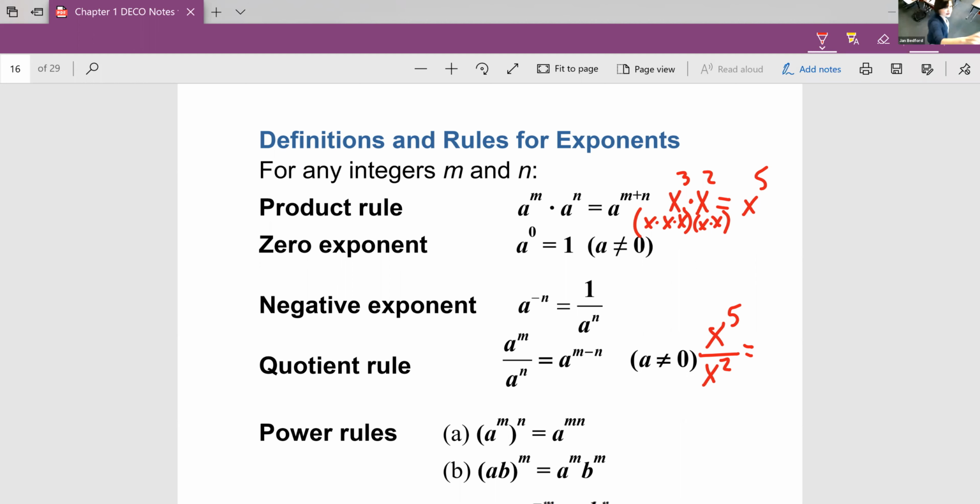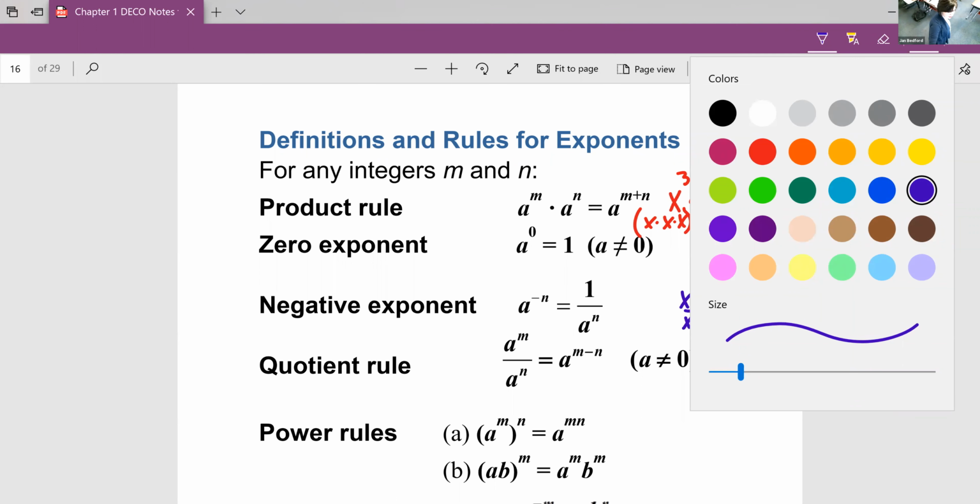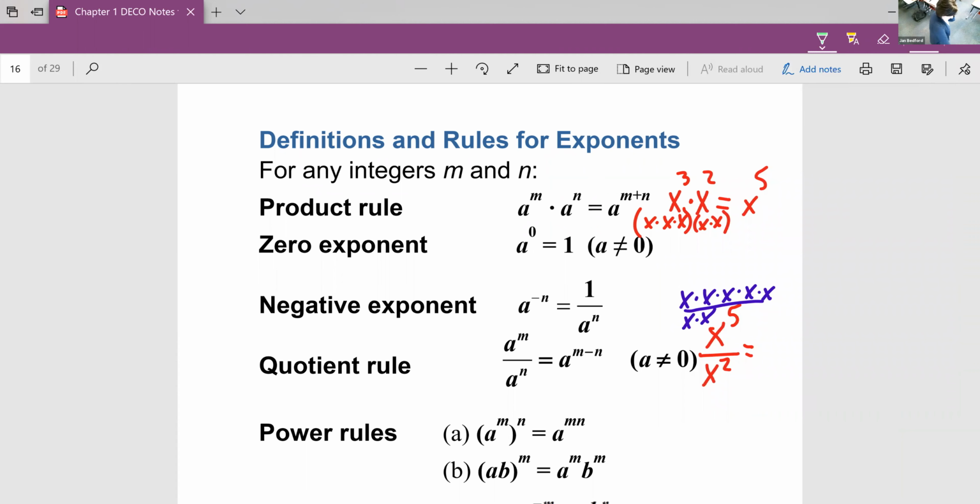Let's figure that out. Let's say I write out what x to the 5th means. That's 1, 2, 3, 4, 5 of these x's being multiplied together, right? Divided by, what does x squared mean? 2 of these x's being multiplied together. Now, if you think about what we can do if we have a fraction and there are factors involved, things being multiplied together, what does any number divided by itself equal? 1.